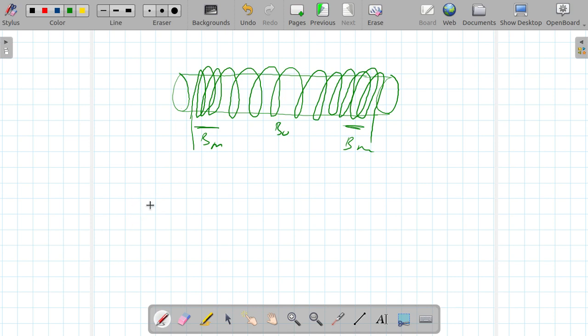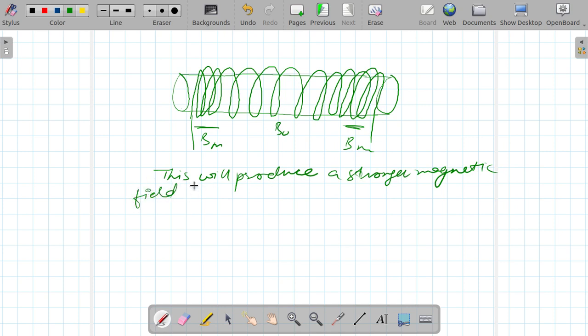So what this arrangement will do is produce a stronger magnetic field near the ends than in the middle region.